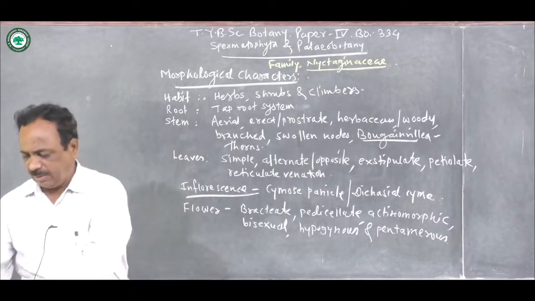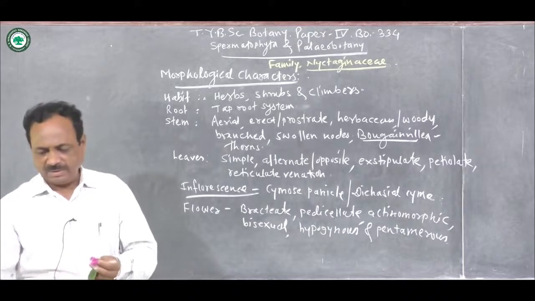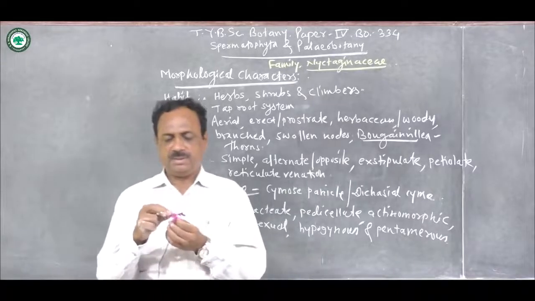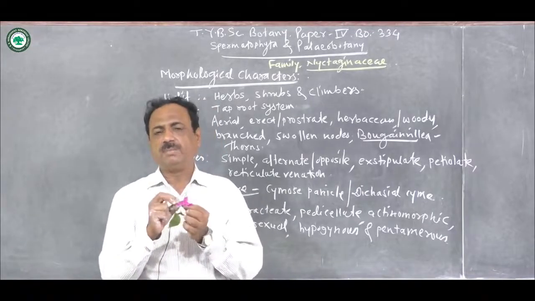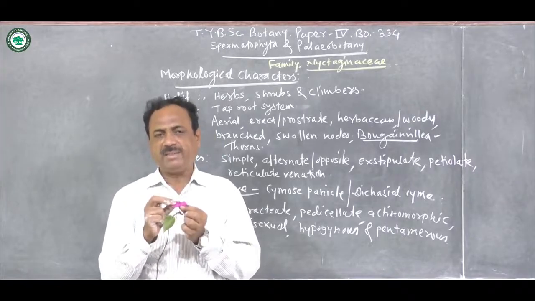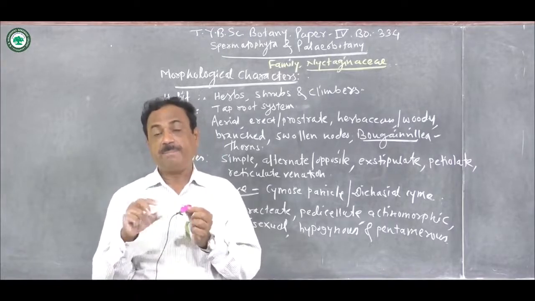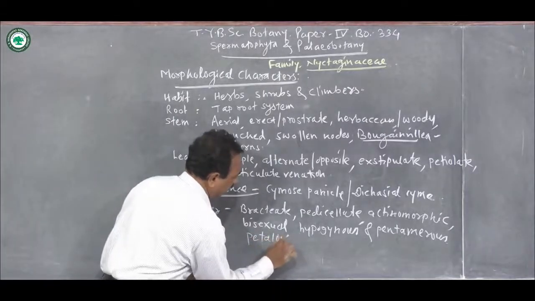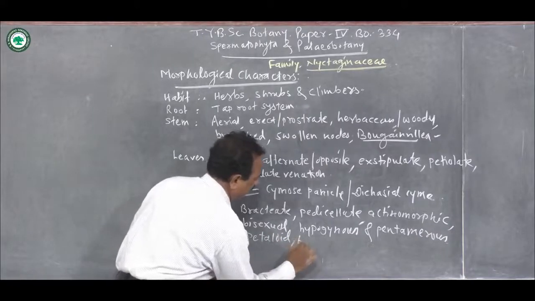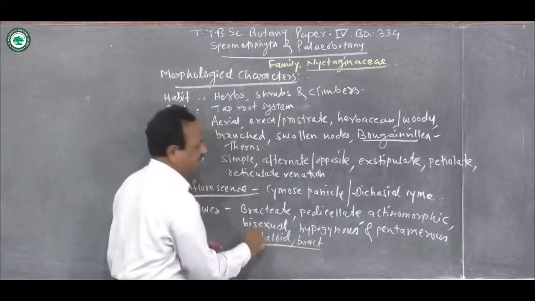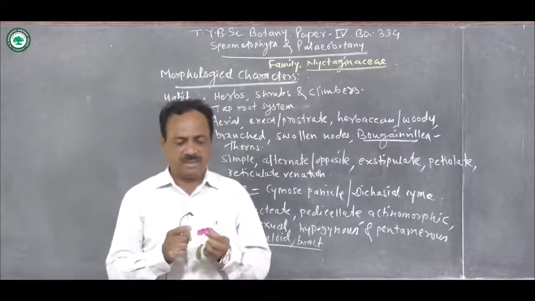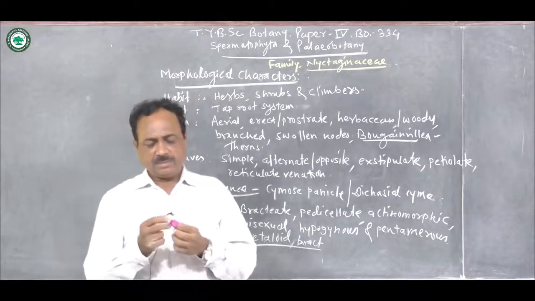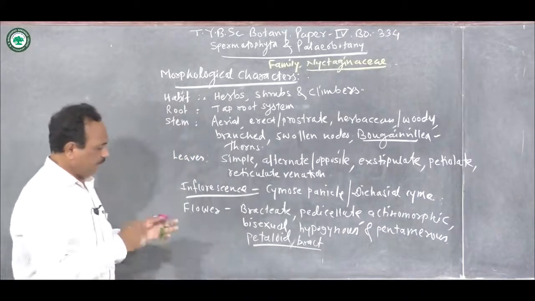So if we see in case of the bougainvillea, that is Bougainvillea spectabilis, here this is the colored part. This colored part is nothing but the bract, and this bract is flat, petal-like, and that's why it is known as the petaloid bract. Petaloid means petal-like, that is brightly colored. And if we see the flower, it is hypogynous.